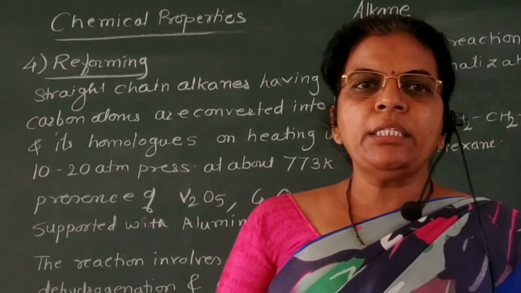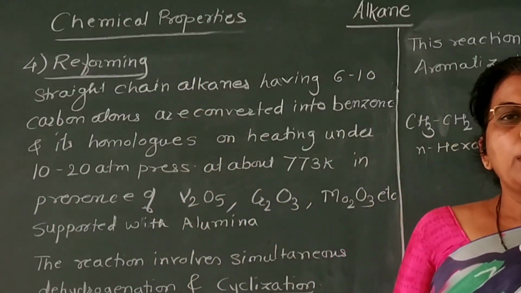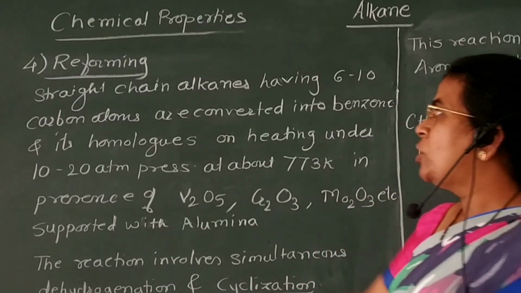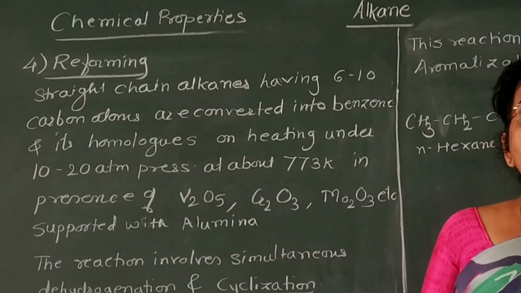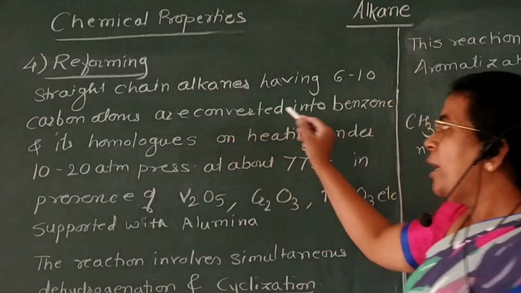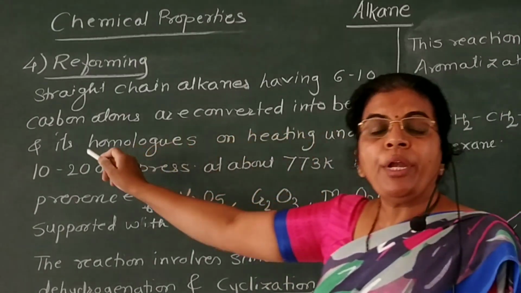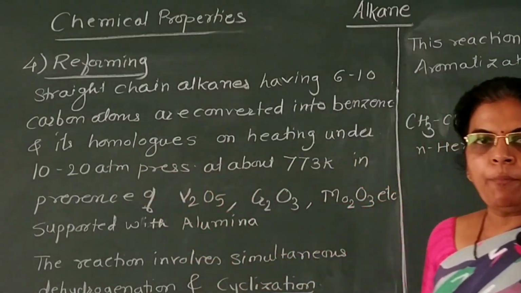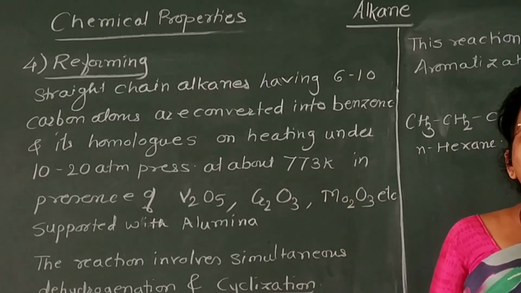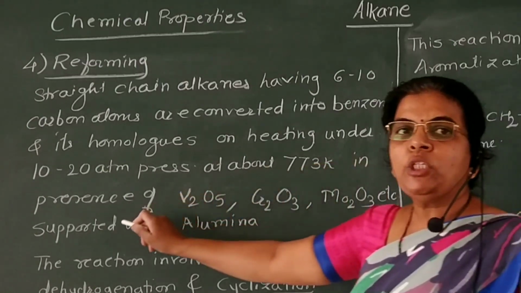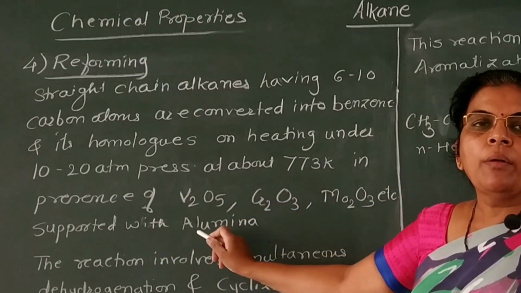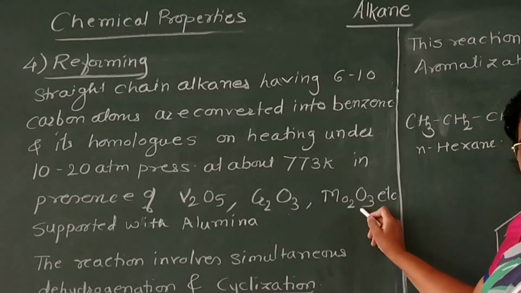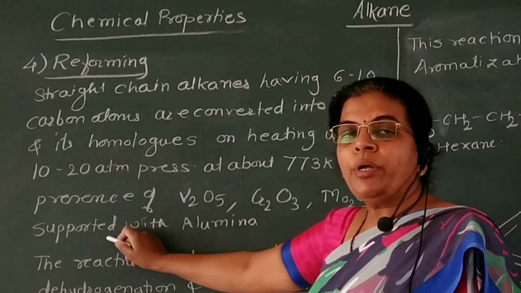Last reaction of alkane is reforming. Now here reforming, or aromatization reaction, is one in which straight chain alkanes having 6 to 10 carbon atoms are converted into benzene or its homologues on heating under 10 to 20 atmospheric pressure at about 773 Kelvin temperature in presence of catalyst like vanadium pentoxide or dichromate, or in presence of molybdenum oxide supported with alumina.